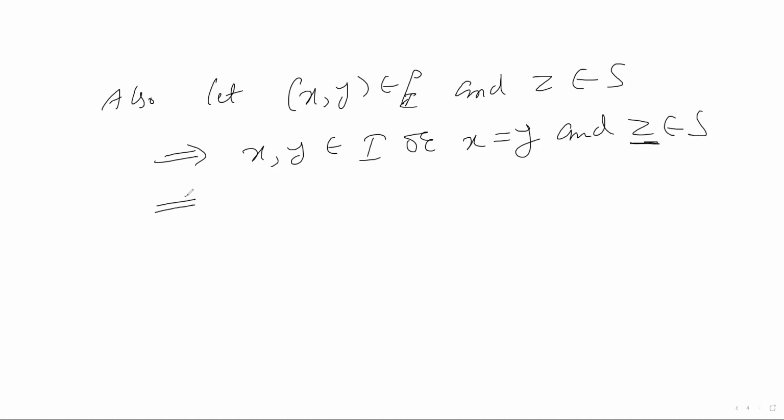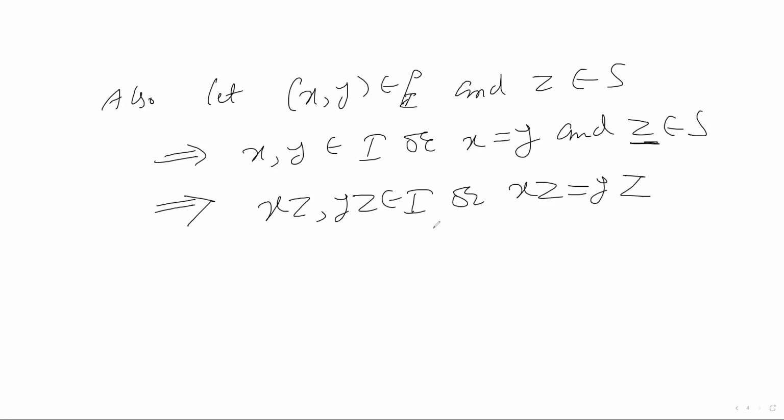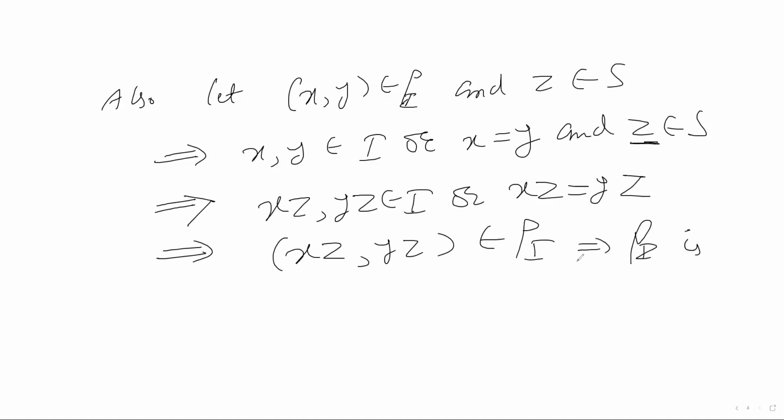So you can just say that xz comma yz belongs to I, or xz is equal to yz, and this says that the pair xz comma yz belongs to rho I. So this means rho I is right compatible.